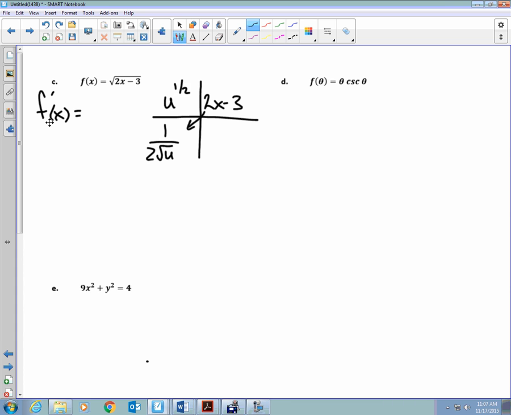And the derivative of 2x minus 3 is 2. We multiply those together, what's going to happen? Yes, the 2's cancel, right? So I get f prime of x, as Anna said, 1 over the square root of 2x minus 3.